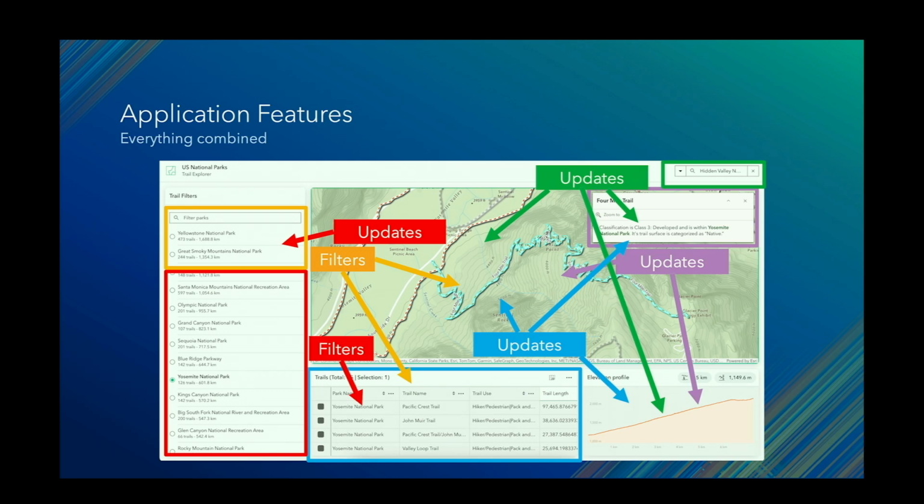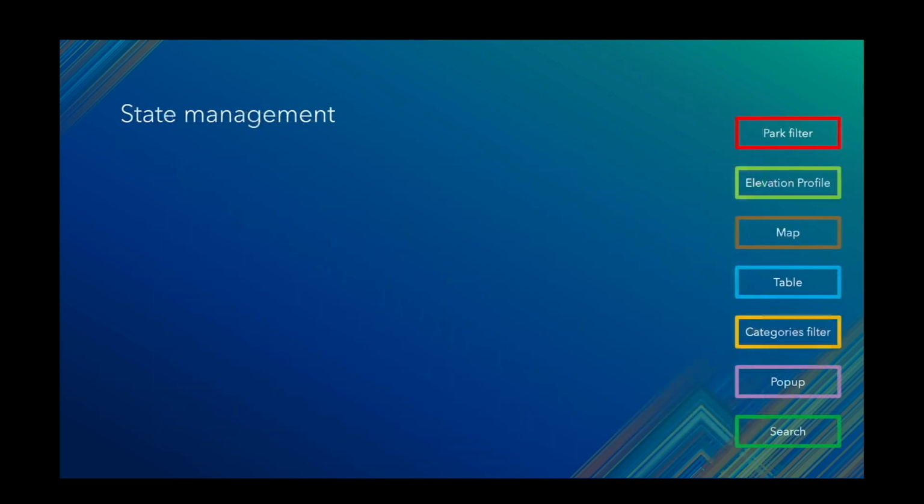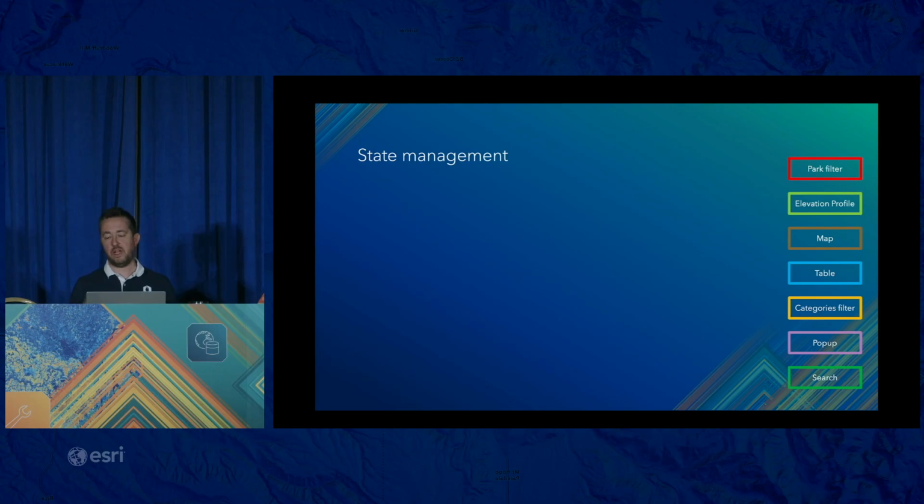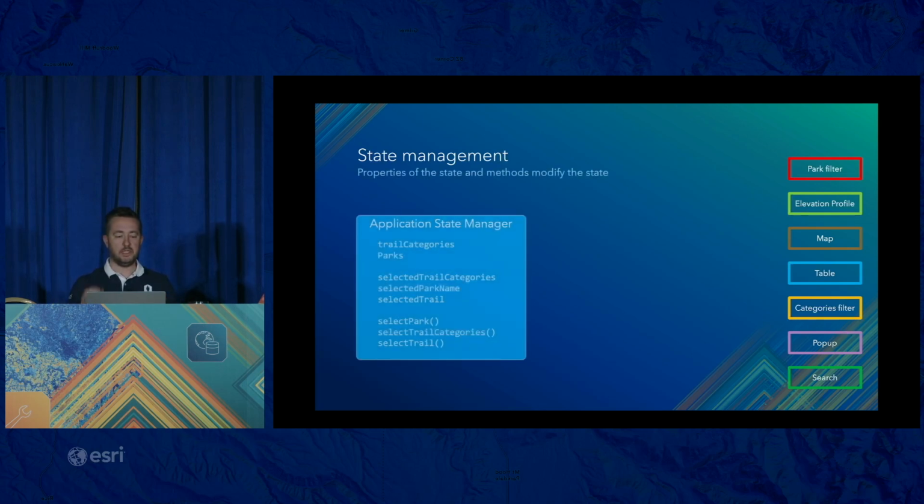And to organize this, I decided to create some state management, right? So we have all our features there on the right: the park filter, elevation profile, the map, the table, the categories filter, the pop-up, and the search. And so I created this application state manager. I mean, this is my take on it, right? Feel free to judge what I'm doing here.